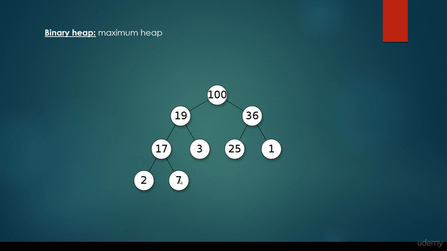So it doesn't matter, it's not like binary search trees, where the left child has to be smaller than the parent and the right child has to be greater. So basically, for a binary search tree, the right child is always greater than the left child. For heaps, this is not true. As you can see, 17 is greater than 3, but 2 is not greater than 7. It doesn't matter. What's important is that the parents are greater than the children.